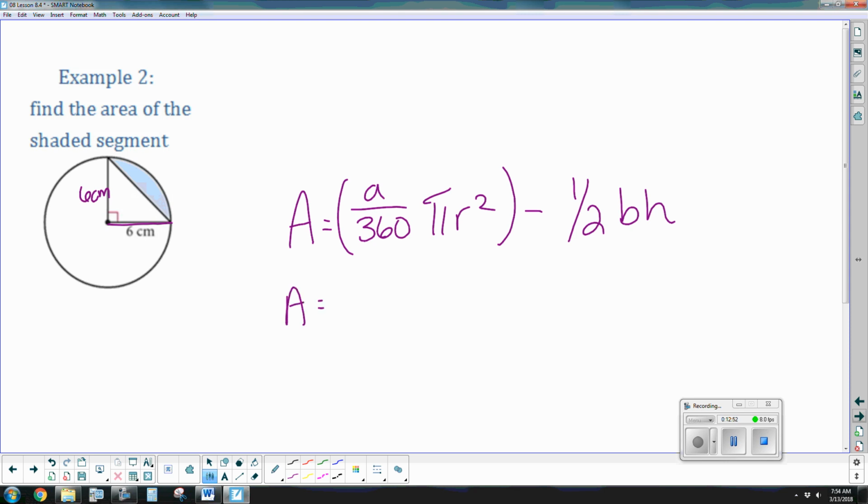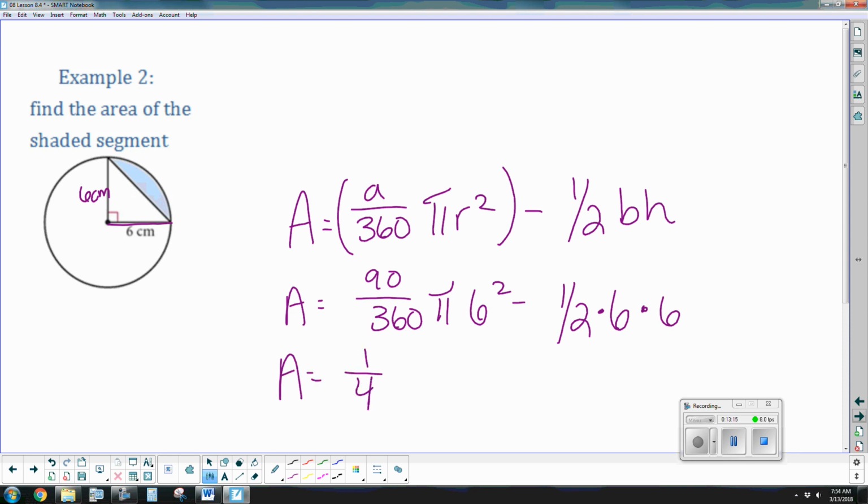So here our area is 90 degrees over 360 times pi r squared, which is 6 squared, minus 1/2 6 times 6, base times our height. So to simplify this, we have the area is 1/4 times pi times 36 minus 1/2 times 36.